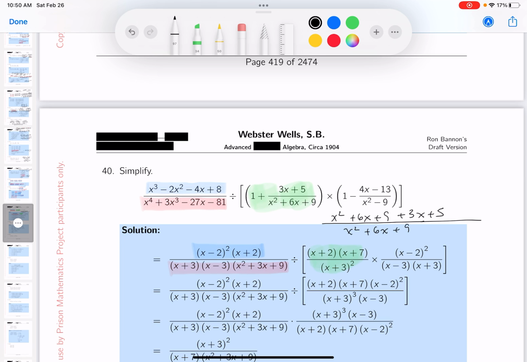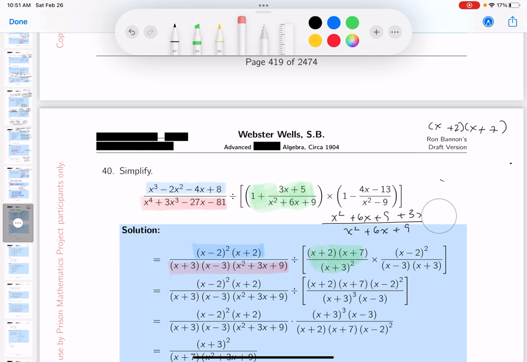The bottom's a perfect square, x plus 3 squared. The top is really x squared plus 9x plus 14, and I start to realize the top is factorable. It's x and x, 7 and 2. Did I match it? I do see the x plus 2, the x plus 7 on top, and the x plus 3 squared in the bottom. That's good news. Let me erase.